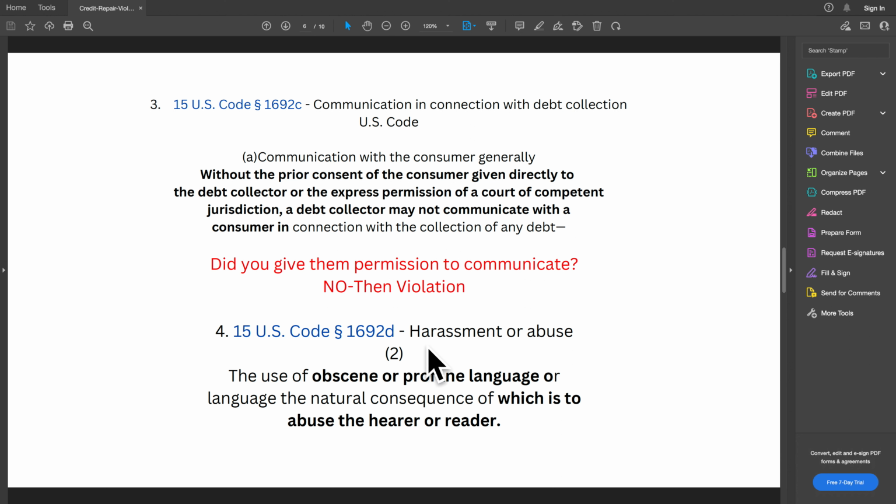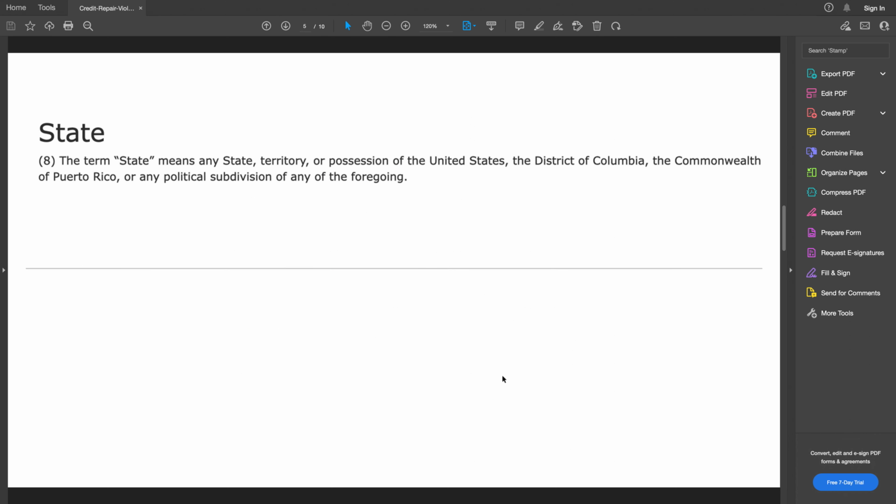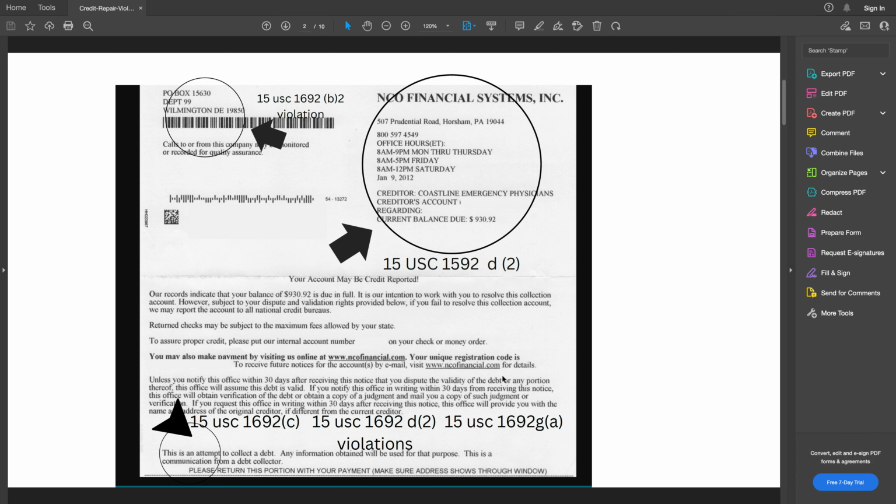Okay, this one, harassment or abuse: the use of obscene or profane language, the natural consequence of which is to abuse the hearer or reader. That one is, for example, "your account may be credit reported," which would be stressful to someone. You might think, I don't like that they said that to me.